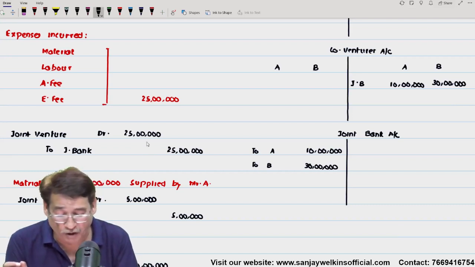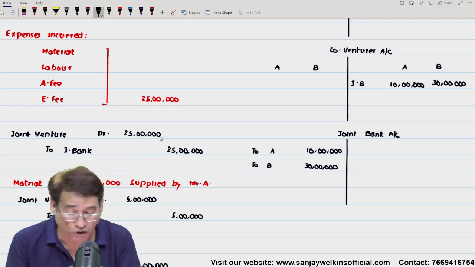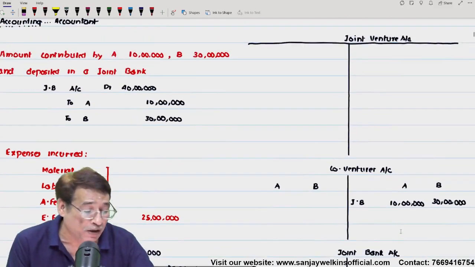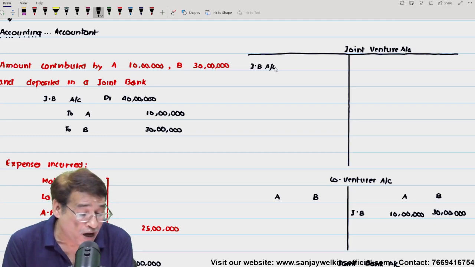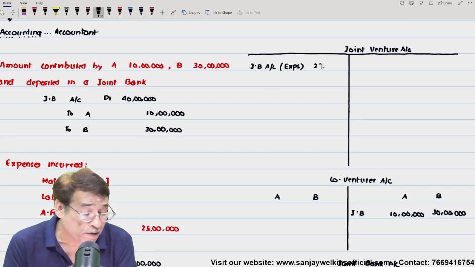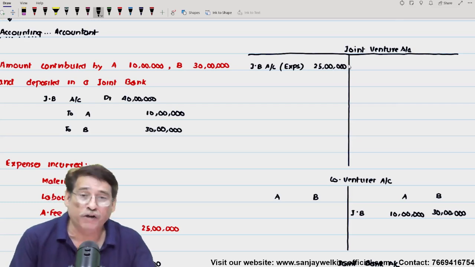So our entry is joint venture account debit to joint bank. Joint venture account is getting debited. So towards the debit side of joint venture account, I am going to write to joint bank account. Correct? I will write here to joint bank. I can write in bracket expenses. Total expenses 25 lakh, which we have written towards the debit side of joint venture account.